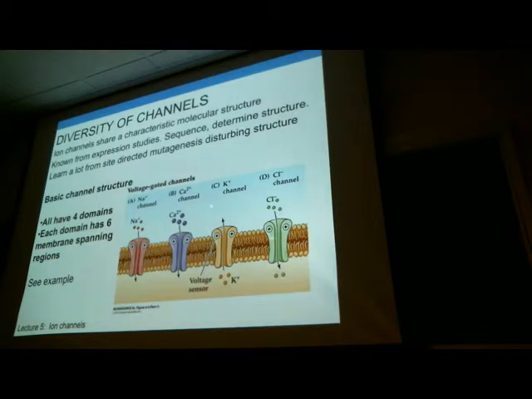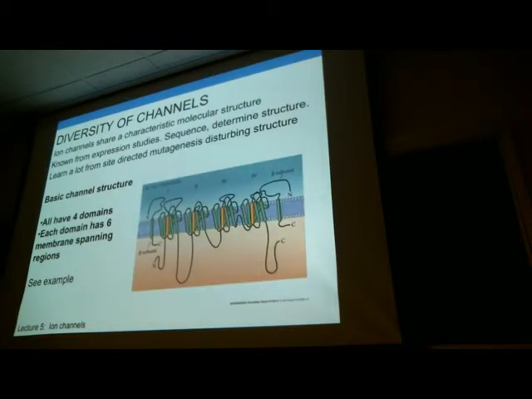Okay, and typically, this is our little cartoon of a channel, and it's extremely simplified. If you look at the protein structure, so this is for a sodium channel, you can infer how this protein goes in and out of the membrane. So you have these transmembrane domains.